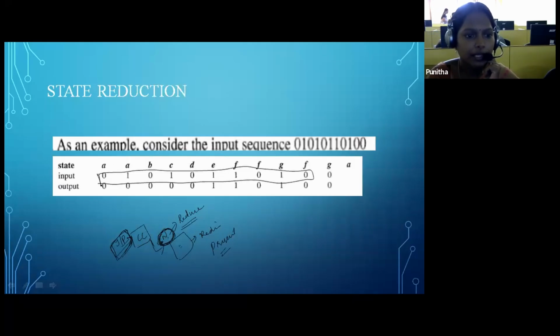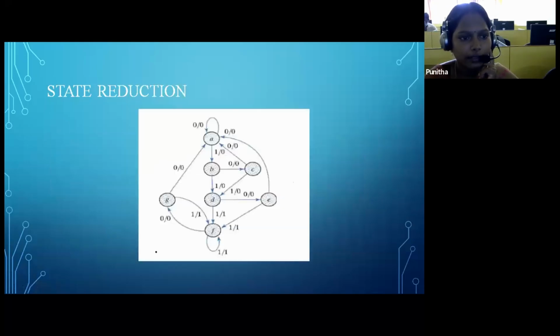For these inputs, I have designed the state diagram. These are all the input states. In the beginning, these are all the states available for me, given in the diagrammatic representation.